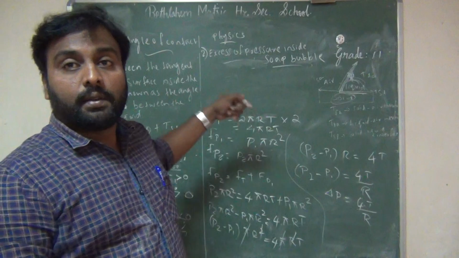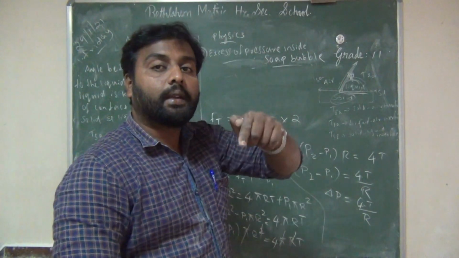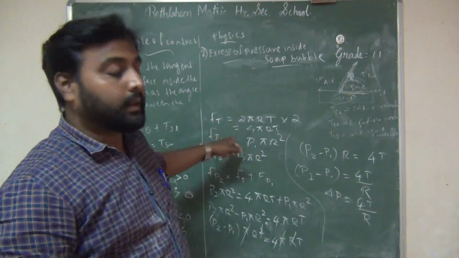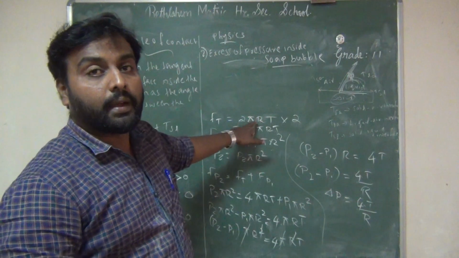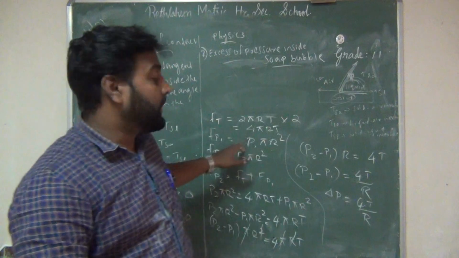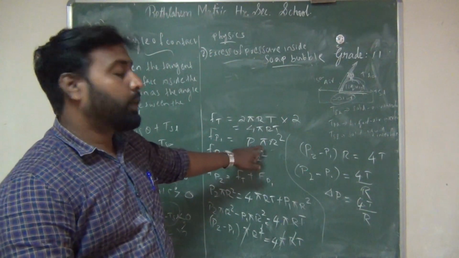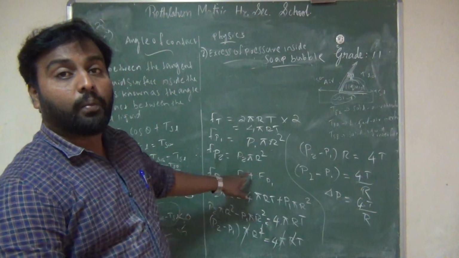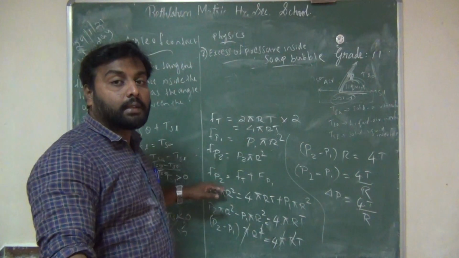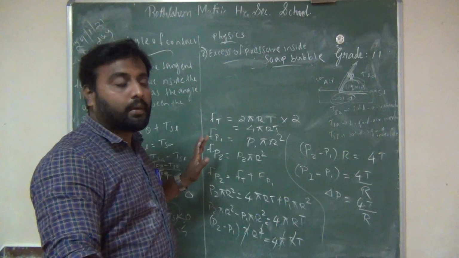So the force acting on that tangent, or you can say the rim of length 2 pi RT, and there are two surfaces, so into 2 you have to take, so we will get 4 pi RT. Outside pressure P1 is P1 pi r square, inside pressure P2 pi r square, and the same thing we are doing, to find the excess pressure. So Fp2 is equal to Ft plus Fp1.